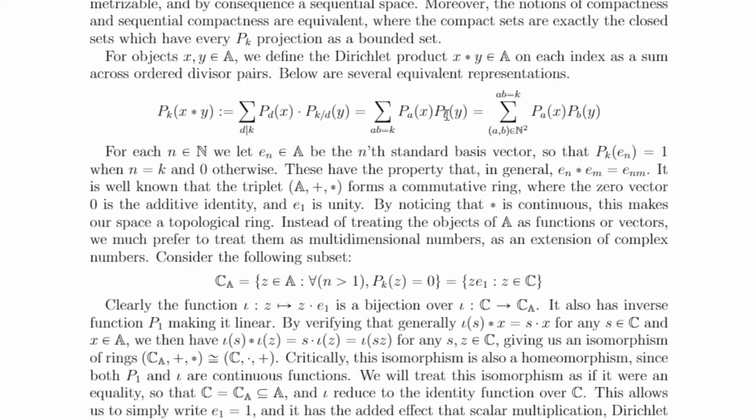We'll multiply those together, and then sum them all up over the ordered divisor pairs. This last characterization is the same as the second one, but with the indexing a little more explicit. We're running over ordered pairs a and b in the natural numbers with the condition that their product is k. So that's the definition of the Dirichlet product, and we're going to find out that it has lots of useful, interesting properties.